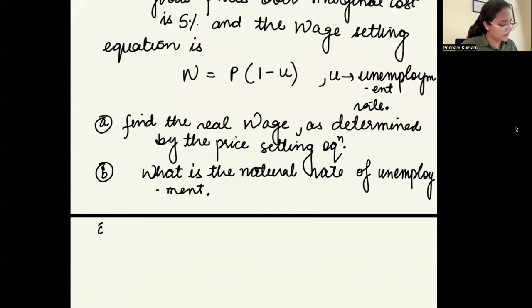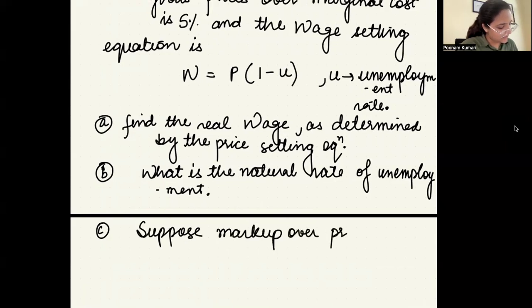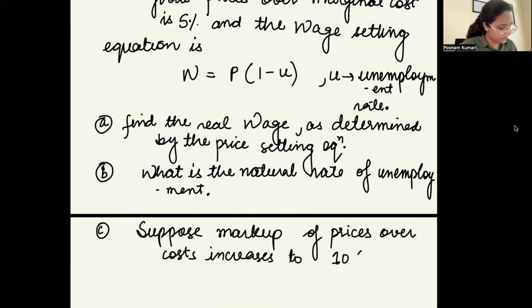And the third question is, suppose now the markup of prices over cost increases to 10%.